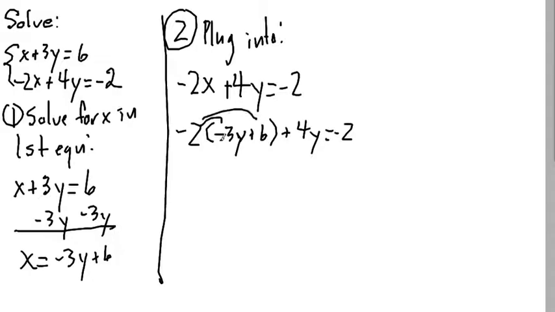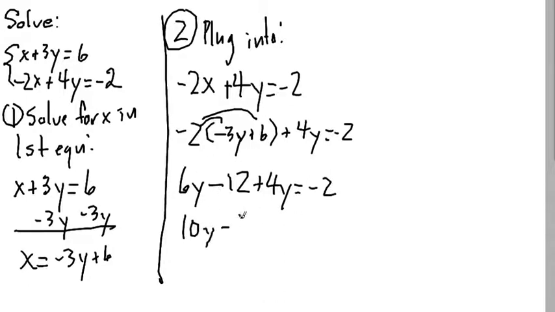I distribute. Negative 2 times negative 3y gives me 6y. Negative 2 times 6 gives me negative 12. Plus 4y is equal to negative 2. I combine like terms and I have that 10y minus 12 is equal to negative 2.